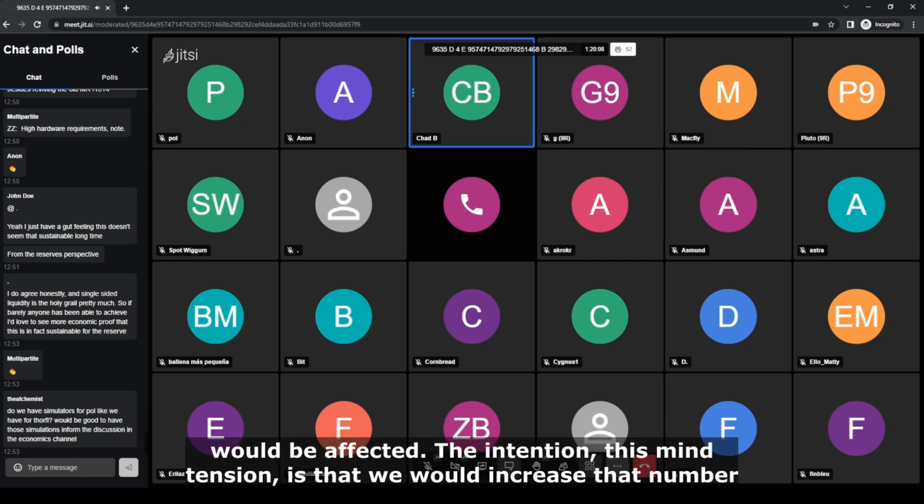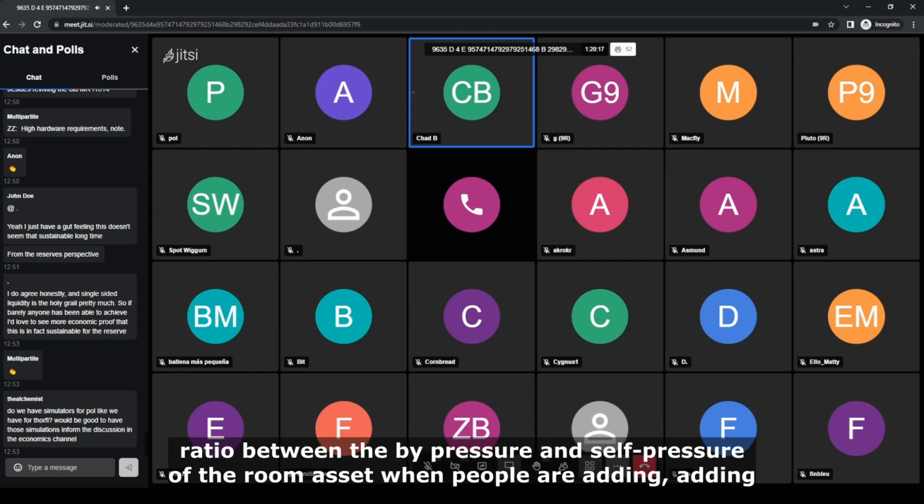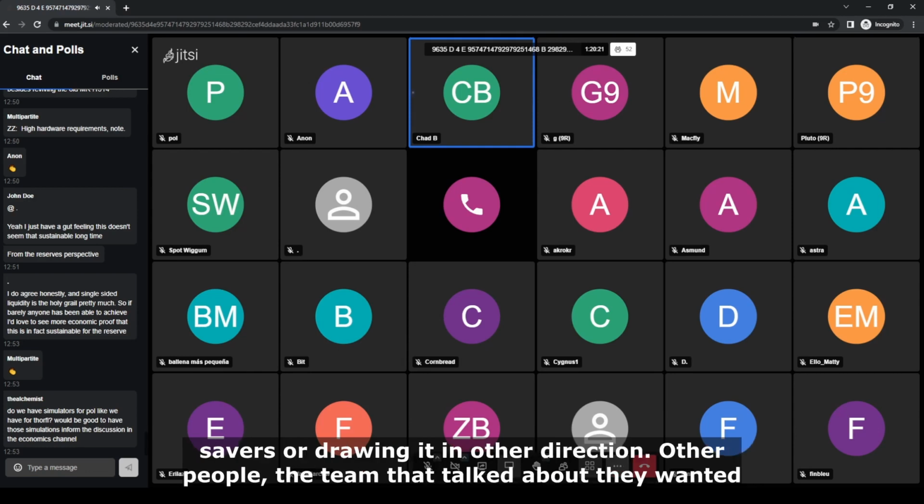The intention, at least my intention, is that we would increase that number to be 50% of the pool depth. And the reason is that would create a 1-to-1 ratio between the buy pressure and sell pressure of the Rune asset when people are adding savers or withdrawing it in either direction.